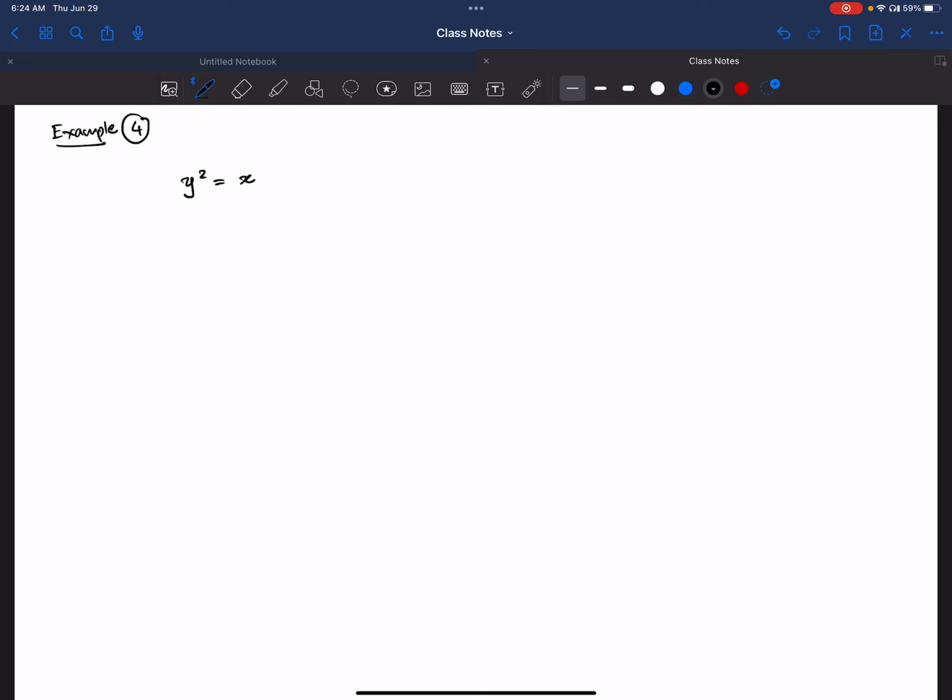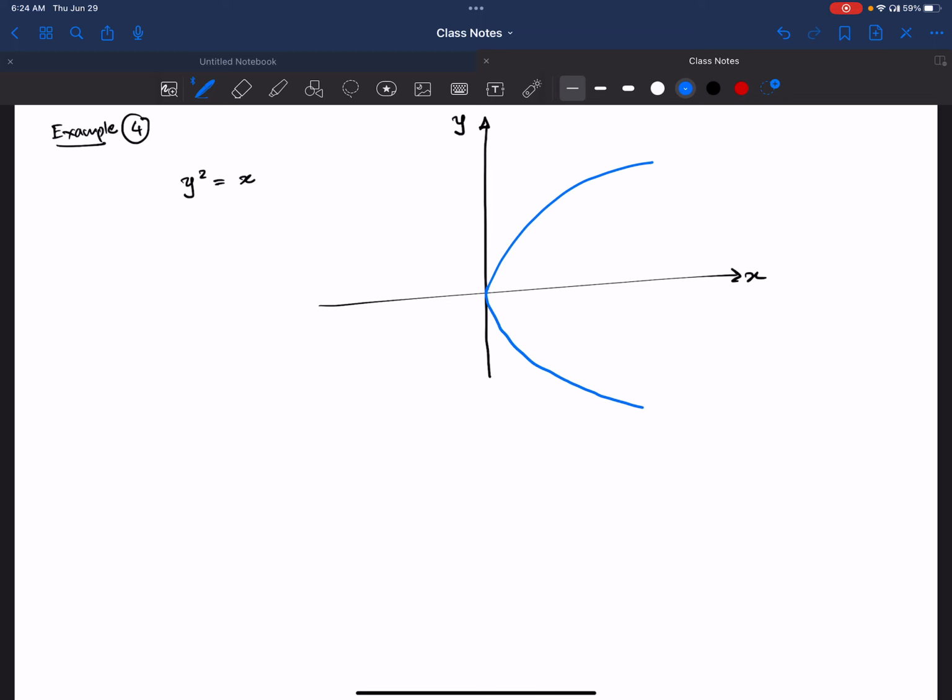So the y squared equals x curve is something like that. This is y, this is x. If I draw the curve, it should look like that. We can see that if I draw a vertical line at any x location, it intersects the curve at two different y values. So this is not a function.